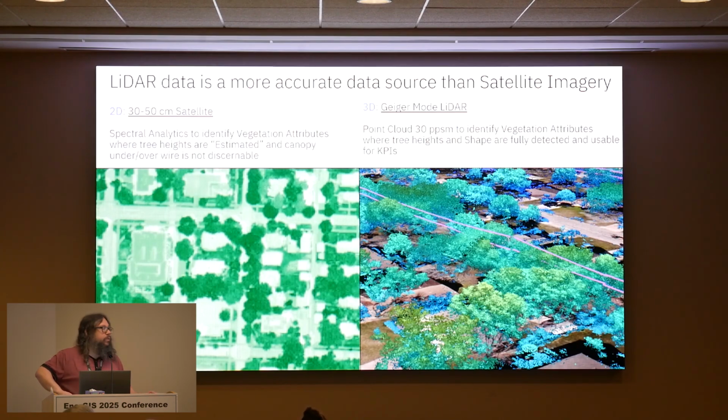The main drawback with this solution is, A, it relies on the GIS accuracy that the utility has. And depending on the utility, that may be within a foot or two, or you could be off by 5 meters. So on satellite imagery, you are not going to see power lines at all. We don't have that kind of resolution, nor can we detect the spans and everything.